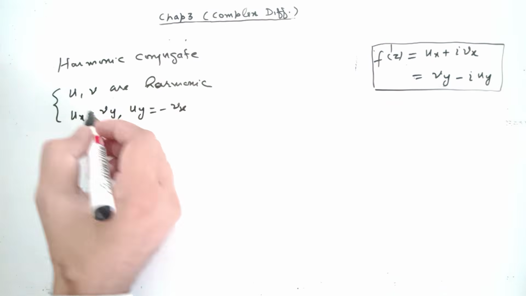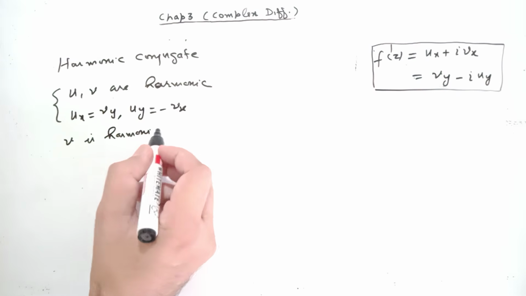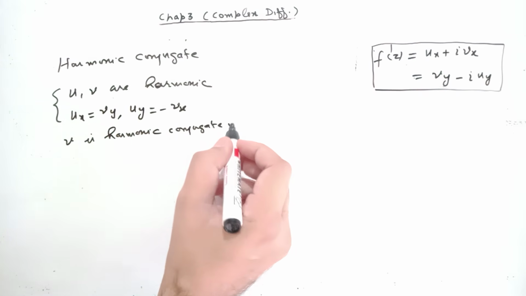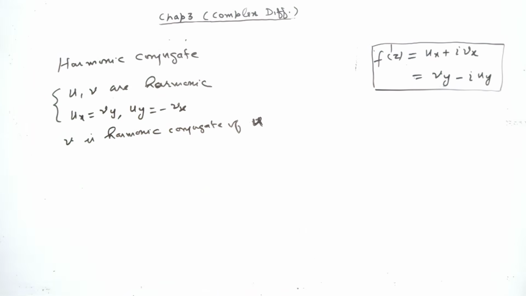Under these two conditions, v is harmonic conjugate of u. This is the definition of harmonic conjugate.